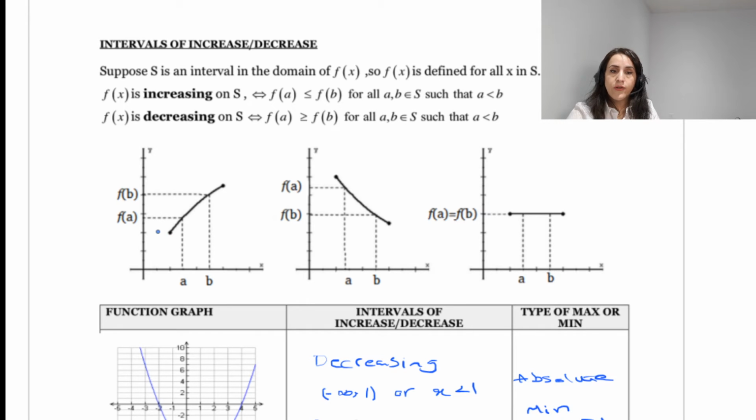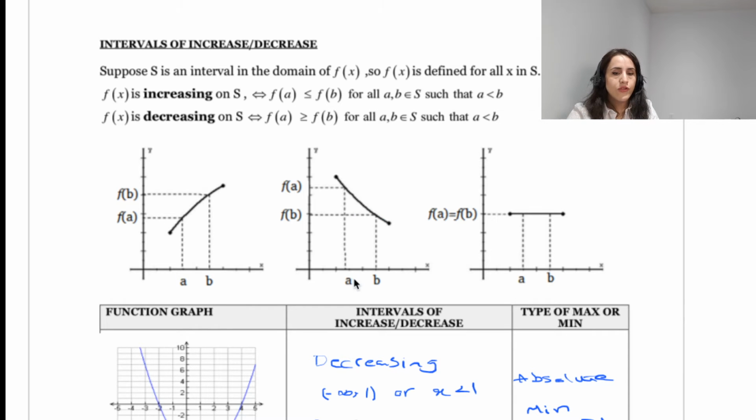If this road is going to take me up, as long as the function is taking me up during this interval, the function is increasing. But when I'm driving, and I'm always driving from left to right, here the road takes me down. As long as the function takes me down, the function is decreasing.